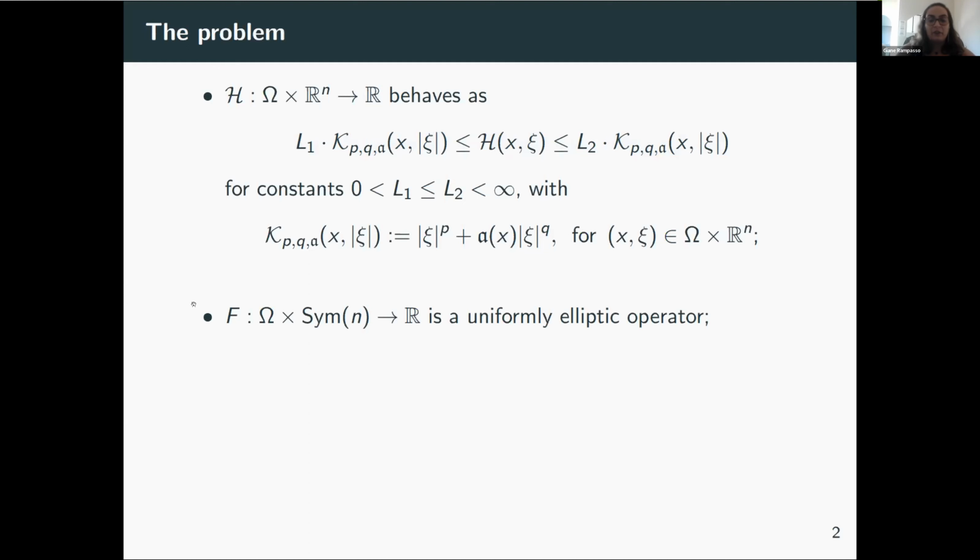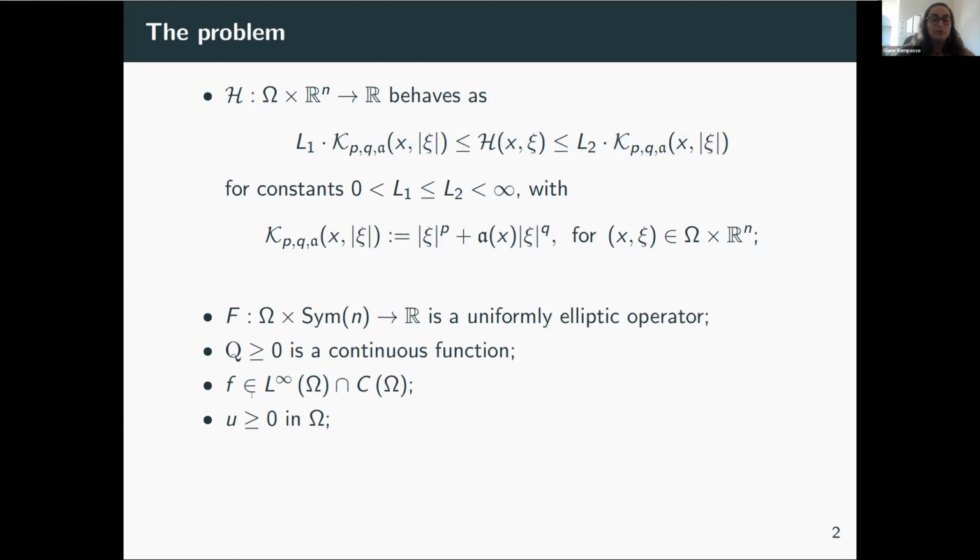The operator F is a uniformly elliptic operator. The function Q is non-negative and continuous. The first term F is bounded and continuous. We will consider non-negative solutions u in Omega.